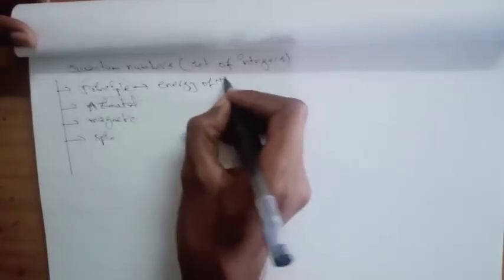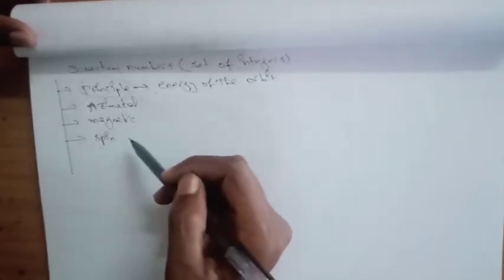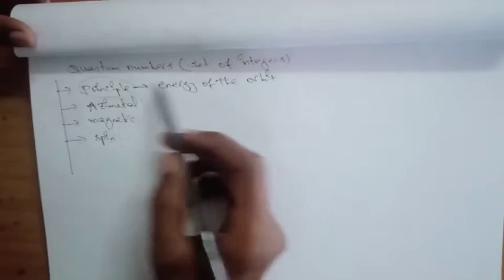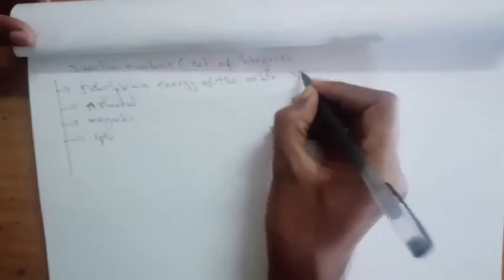Due to the energy of the orbit, the shape, the size, and the spin of the electron are governed by the principal quantum number. So these are interrelated to the principal quantum number, which is denoted by n. It defines the energy of the orbit.